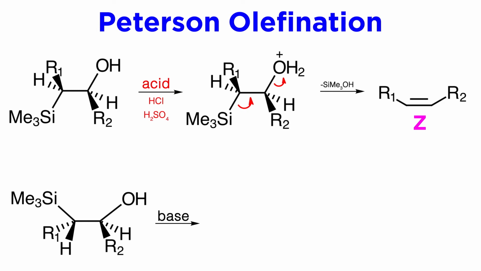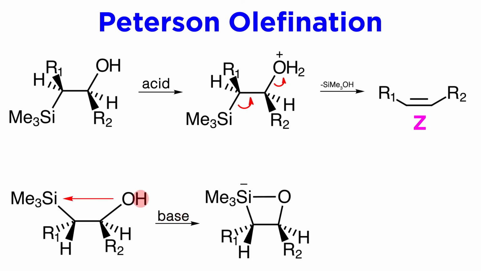Sometimes mineral acids like hydrochloric or sulfuric are used for this elimination, but often Lewis acids, such as BF3 etherate, are preferred. If instead we use a base to trigger the elimination, the base, usually a strong one like potassium hydride, deprotonates the alcohol function, which can then bind the silyl group, forming a cyclic silanolate.